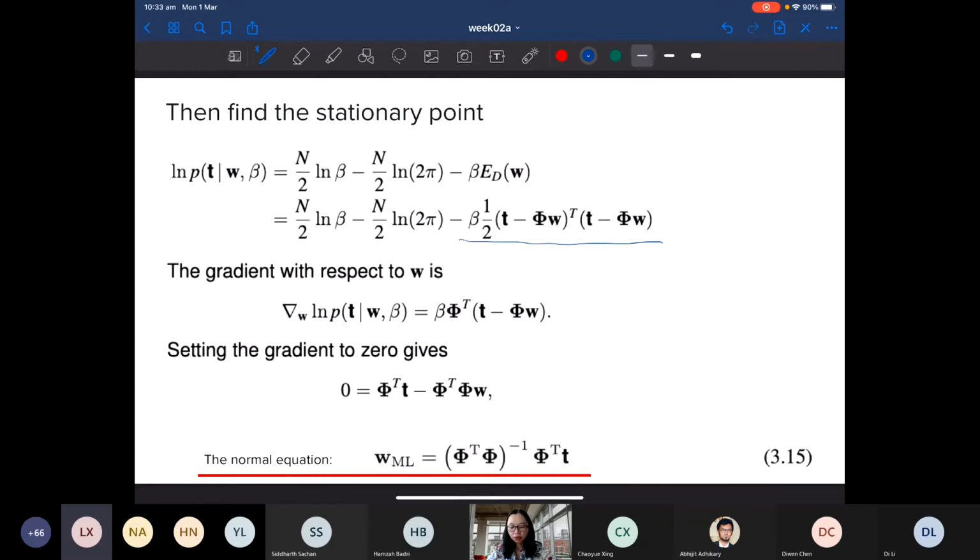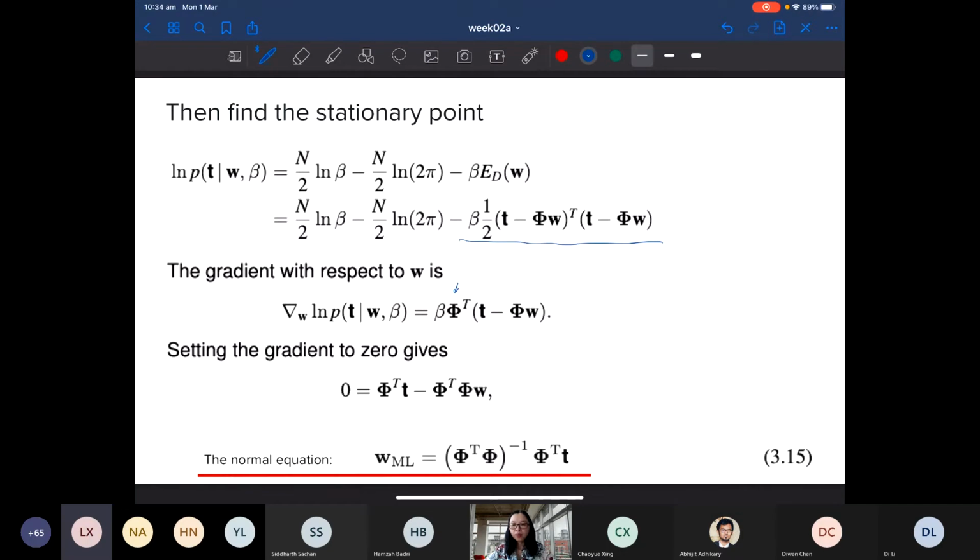Referring to our matrix cookbook, you will get the gradient of these matrix terms, but more intuitively, this vector inner product is roughly like a quadratic term of W, where each of the T minus phi W term is a linear term of phi W. Due to the chain rule, if we take the gradient of a quadratic term, we get the term itself, which is T minus phi W, and then we take the gradient of the linear term, which results in the phi term in front.